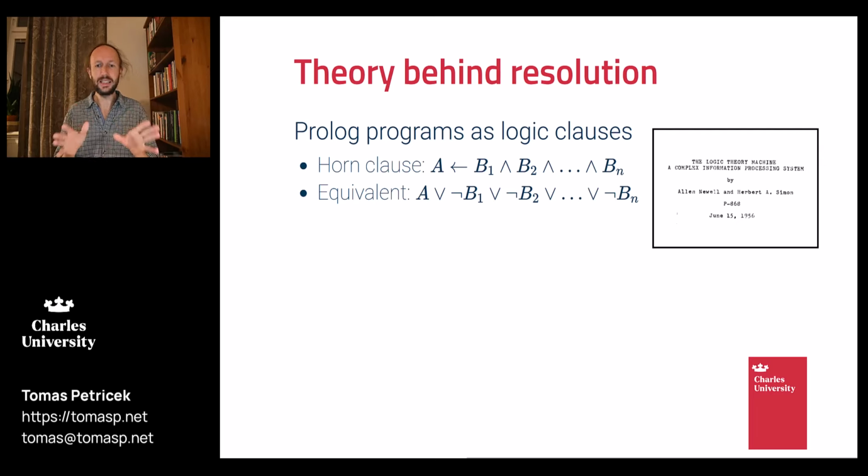And this is basically an implication where the conjunction of all the predicates, or the terms in the body, implies the head. So you can read this as a logical implication, and this also means that it's equivalent to a disjunction where you negate all the elements in the body.